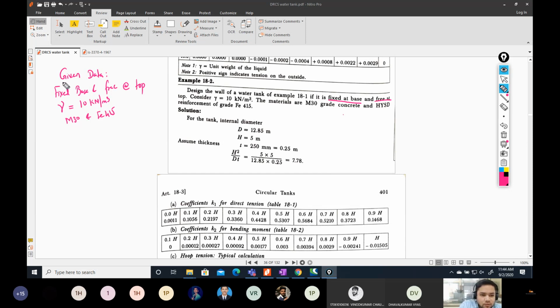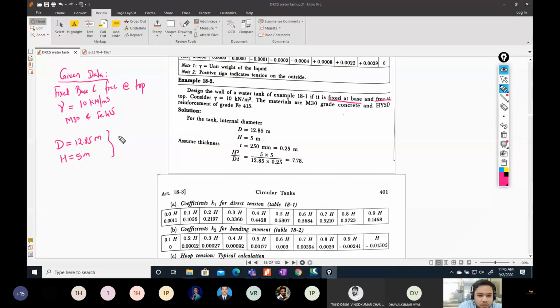Now if you recall the example 18.1 which we have gone through with flexible base, from the preliminary dimensioning, the diameter of the tank was 12.85 meter and the height of the tank was 5 meter.